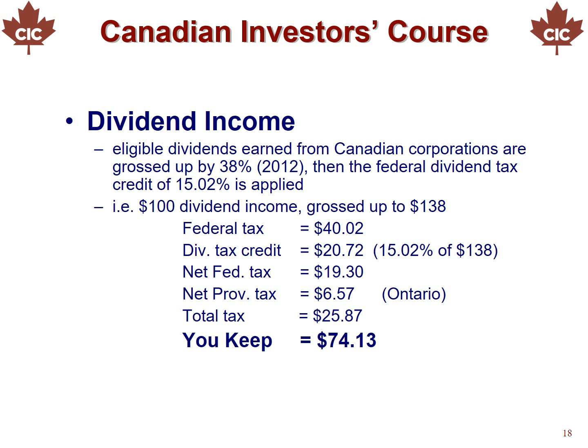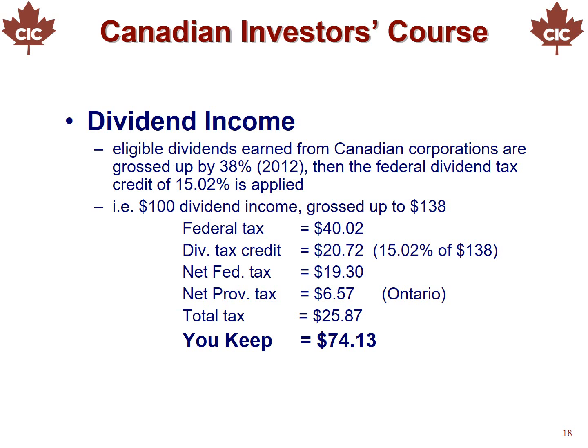Then you put the federal tax on at $40.02, dividend tax credit at $20.72. The net federal tax is $19.30, net provincial tax $6.57, total tax $25.87. So you keep $74.13. Still better than regular income, not quite as good as capital gains.